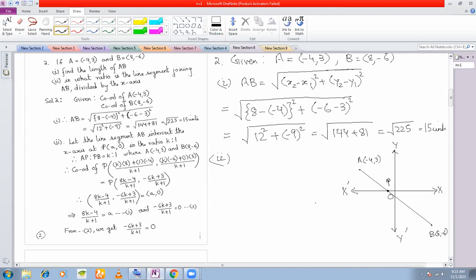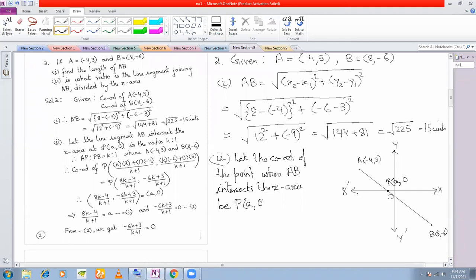Let's call it the point P. Okay, so let the coordinates of the point where AB intersects the x-axis be P. Because P lies on the x-axis, the y coordinate will definitely be 0, and we can take the x coordinate to be a.